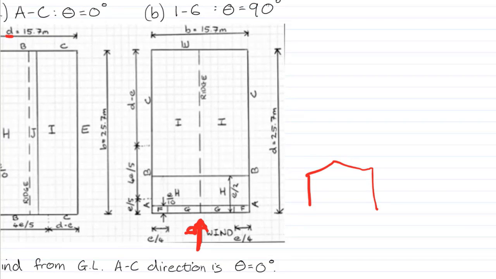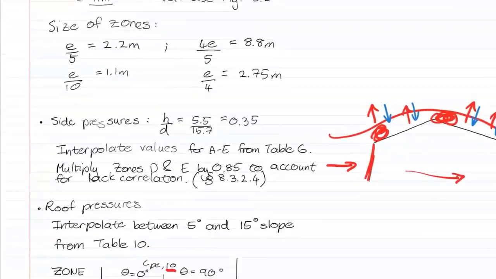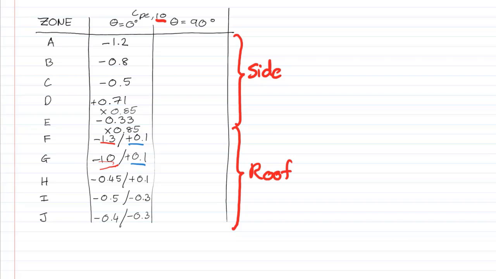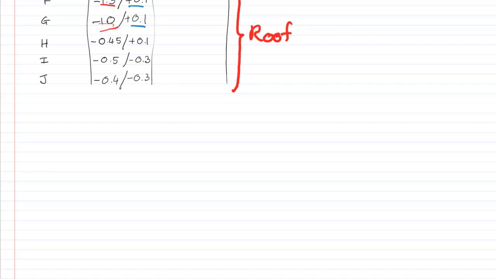So we have our zone D down the bottom here, and then our leeward face up the top, our zone E, and then our A, B, C down the length of the building. And we have to recalculate the values for the dimensions, and then once we've done that, we're also just going to fill in our A, B, C, D, etc., external pressure coefficients down the side of the building.